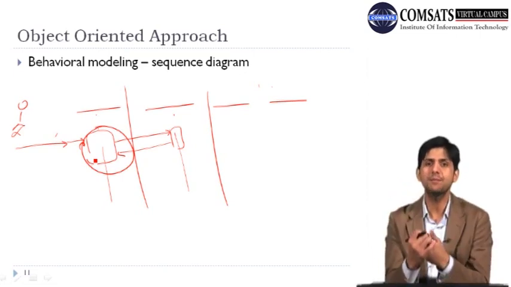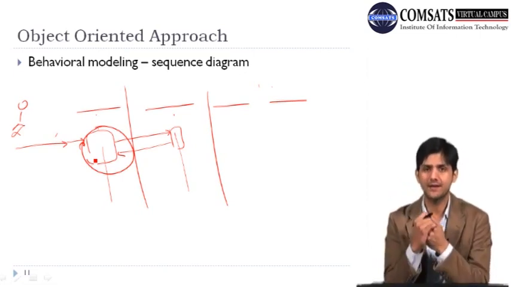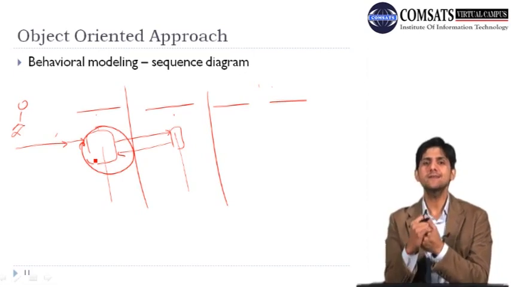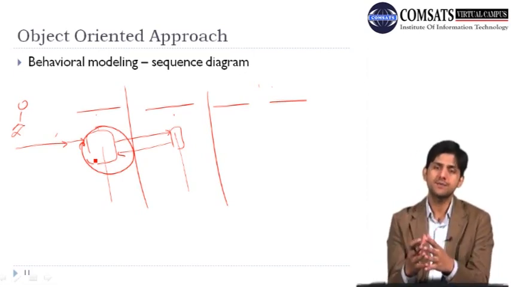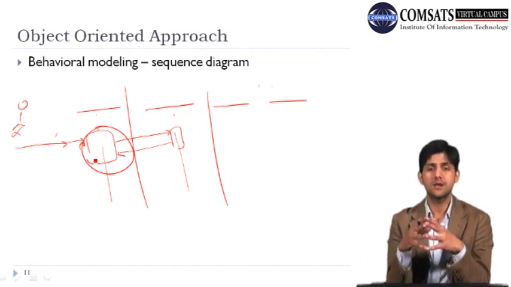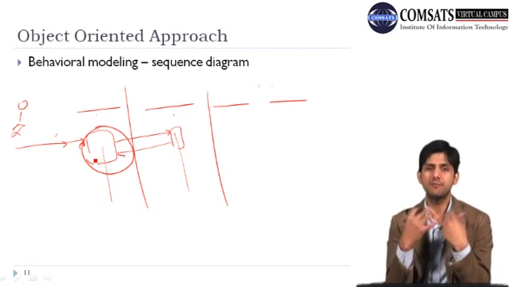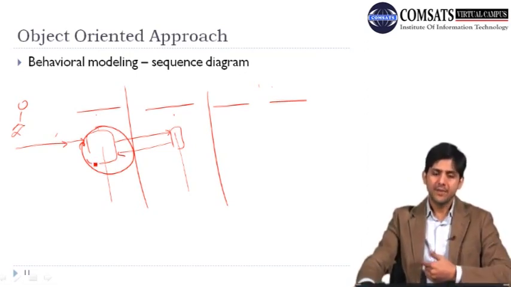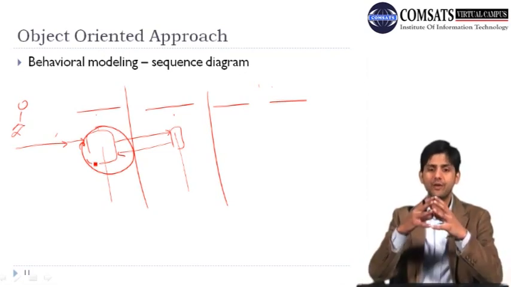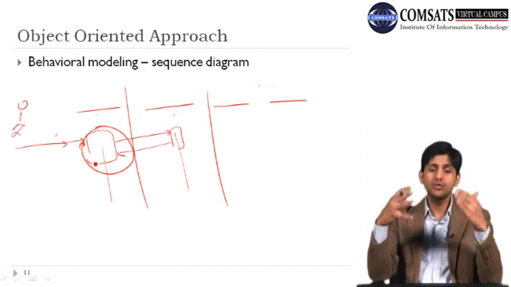So to understand the behavior of a particular class, we make state diagrams. But because these classes have associations with other classes, we need these system sequence diagrams to understand that when an interaction or an event is going to occur, what would be the behavior of my complete system.